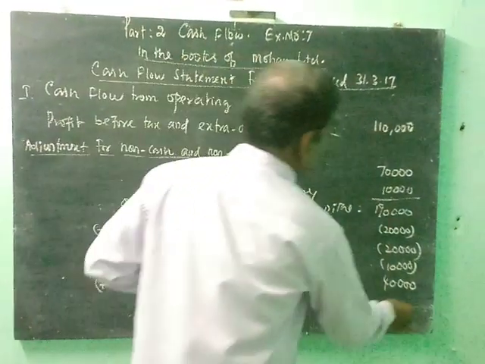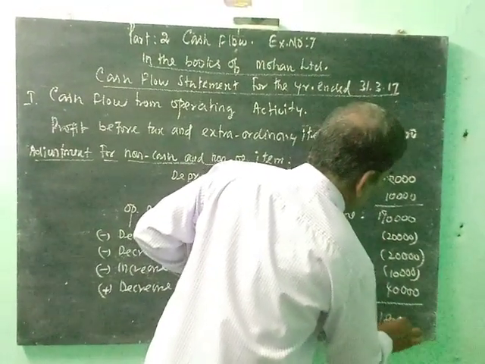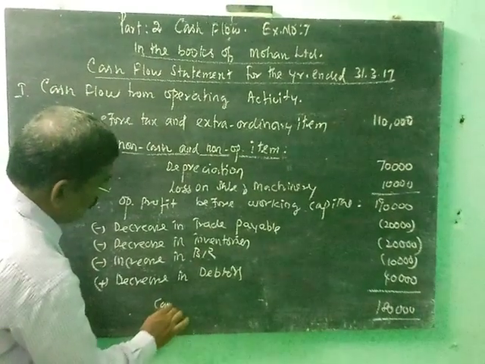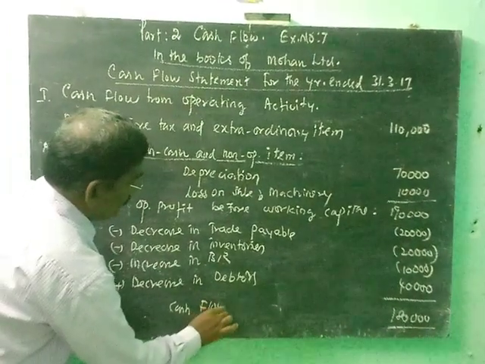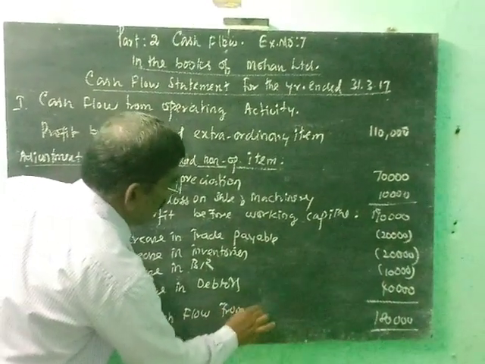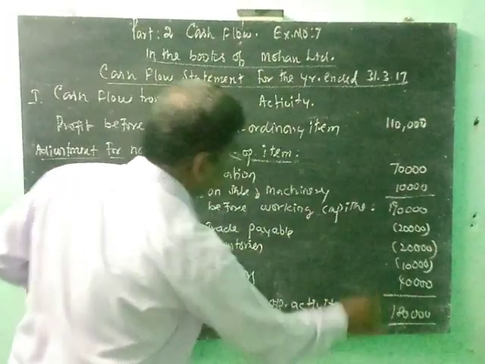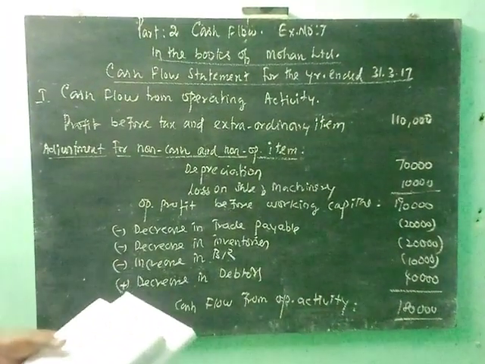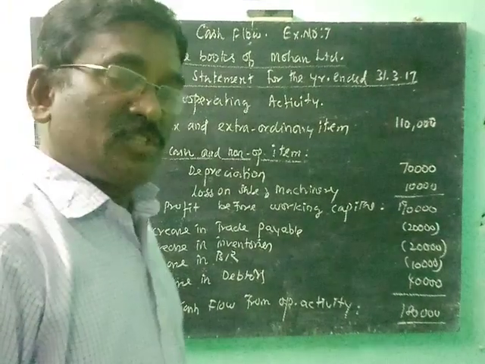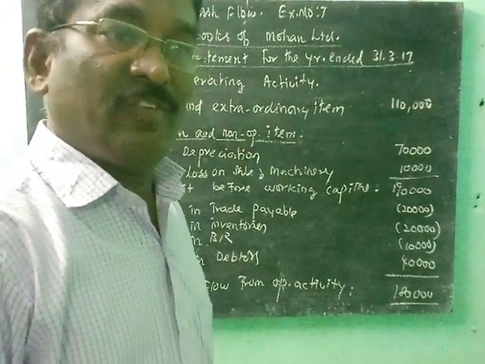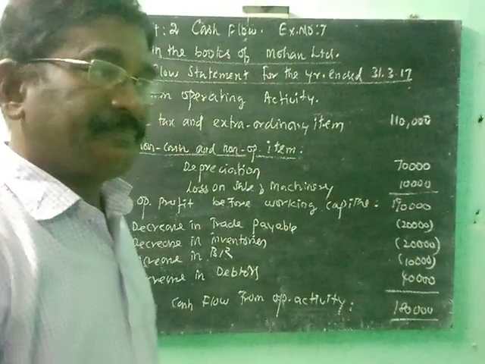So the net is 1,80,000. This is cash flow from operating activity. In this problem, debtors decrease. Decrease in debtors means amount collected from debtors. That is cash inflow. Okay.